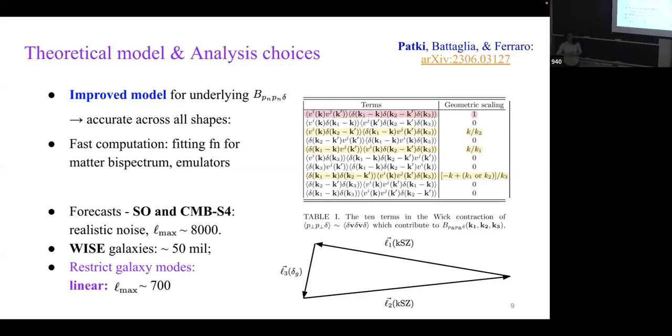And what is the mean redshift for the WISE galaxies? So for the WISE galaxies that we did the forecast with, I think it peaks at around redshift 0.3. But the spread is from redshift 0 to 1, and there's a long tail from 0.3. We chose that because it doesn't have accurate redshifts for all the galaxies, but you can still apply it to such data. But presumably you want to use this with LSST or something.